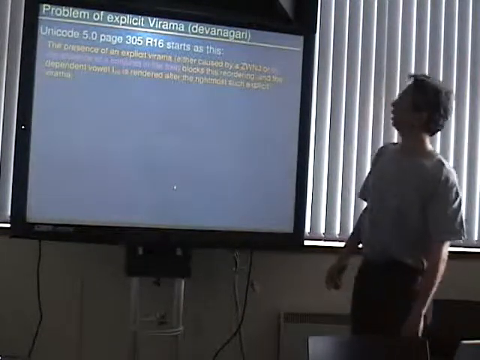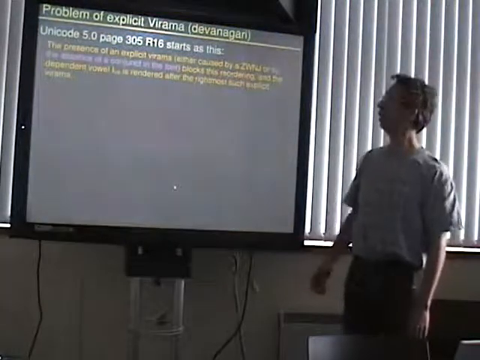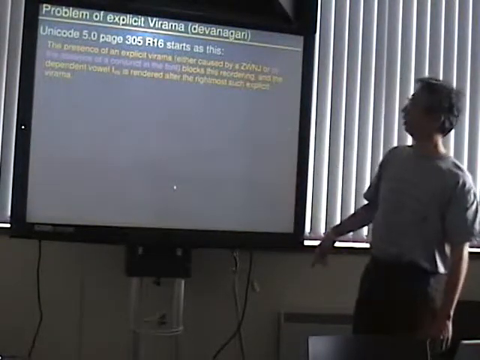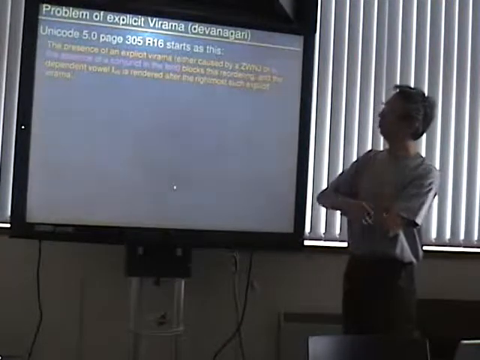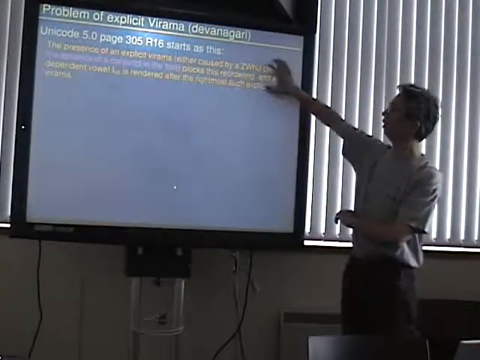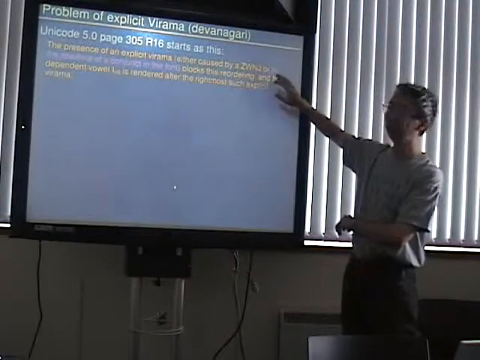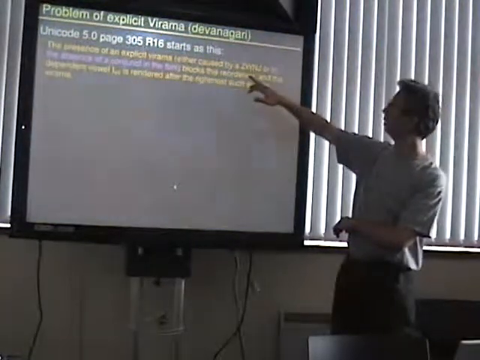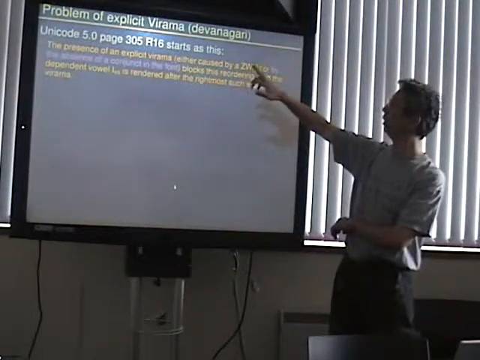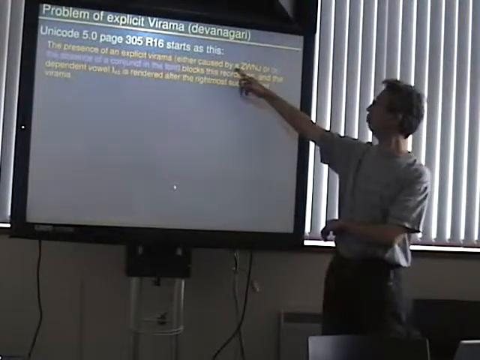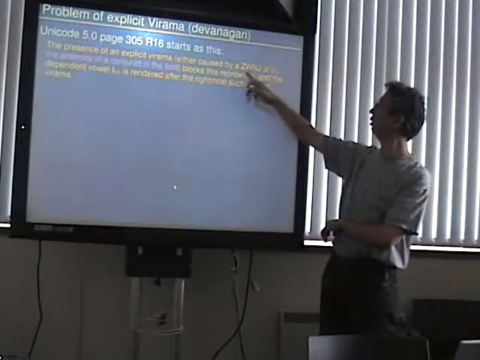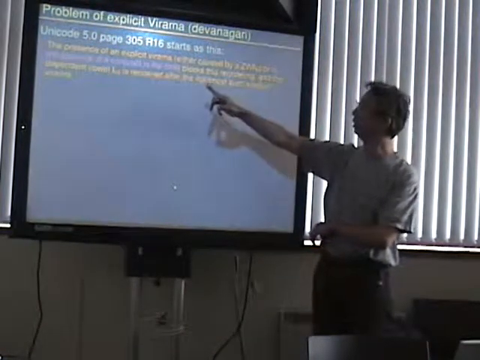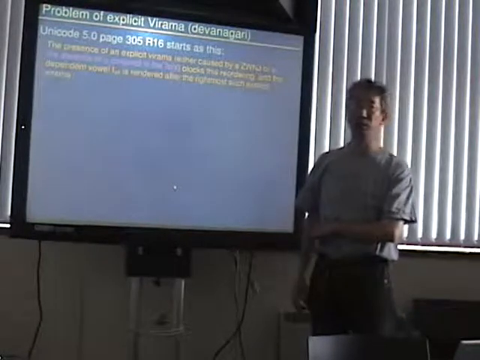And the last, I'd like to ask a question about this part. Unicode 5.0, this syntax. It basically means that some explicit grammar is done by an explicit zero-width joiner, or by absence of a conjunct in the font.